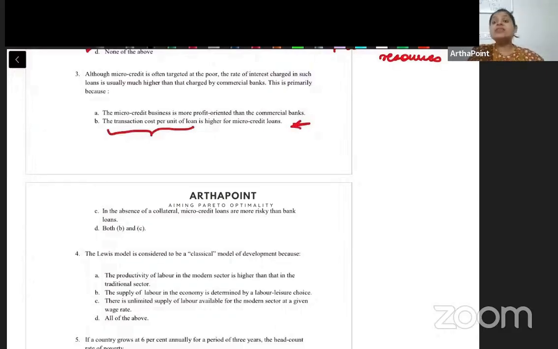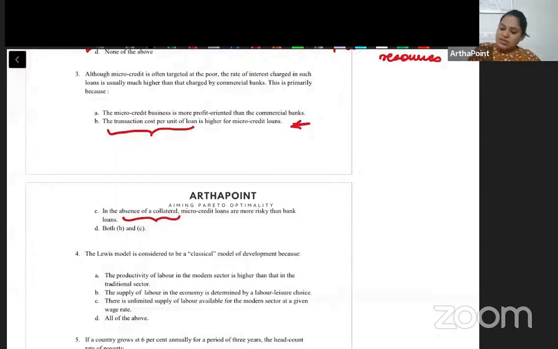And there is an absence of collateral. Very often when we give microcredit, people don't have anything to keep as collateral. So it's a very risky way of lending money, and therefore the interest rate is very high.